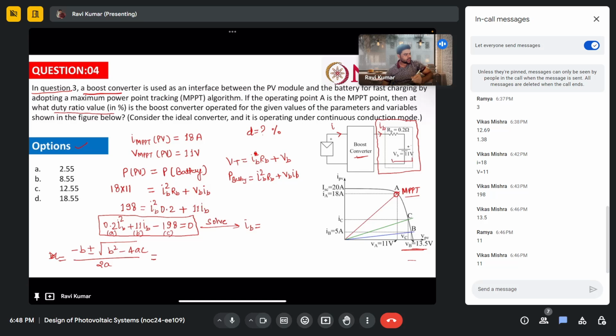I am just putting it so you at least solve it. B is how much? 11. So minus 11 plus minus, because there will be two roots, two solutions from this equation. One will be with plus, one with minus. Then root of 11 square minus 4 into 0.1 into minus 198, because C is negative, divided by 2 into 0.1.